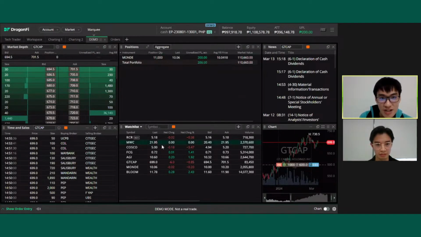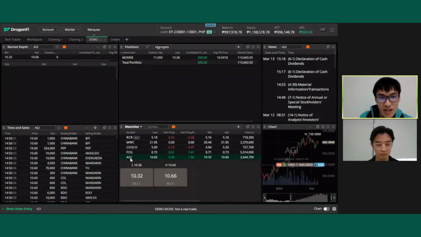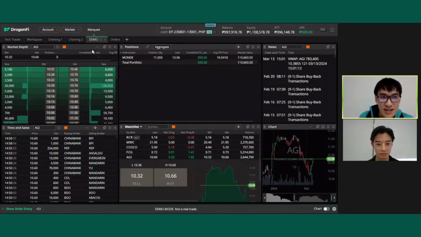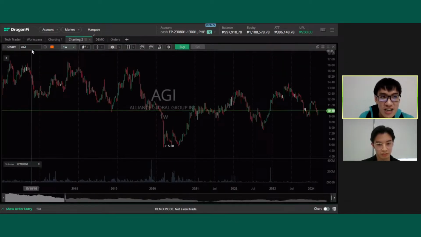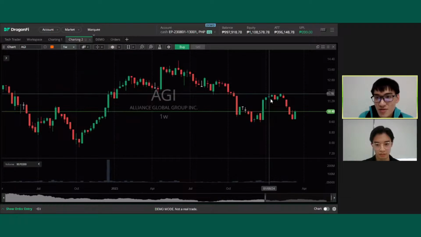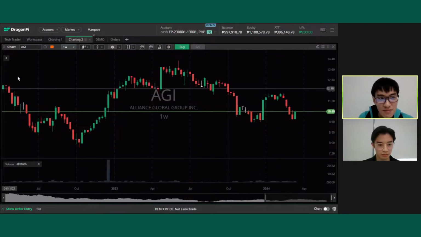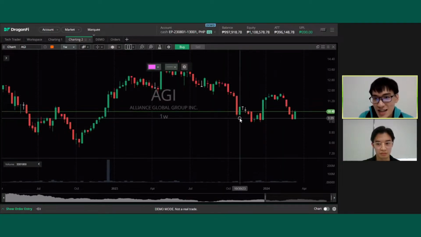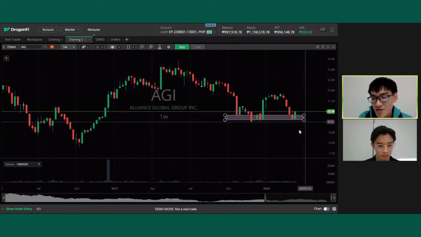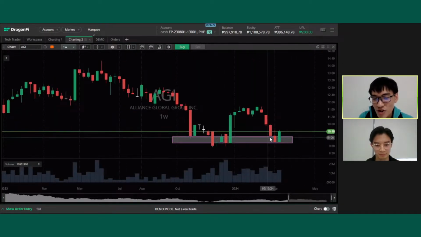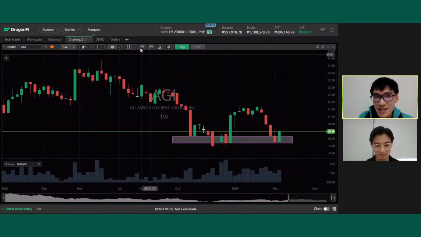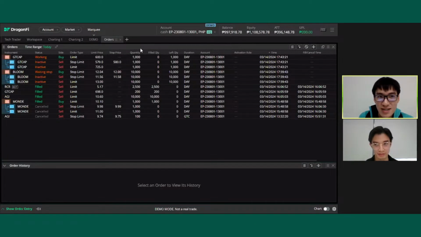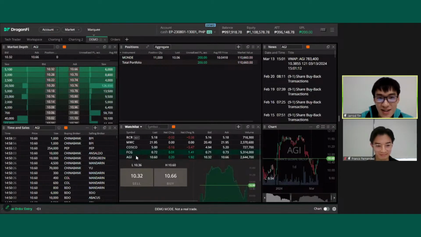Then how about an example of when you want to buy the stock now, let's say. So say AGI. So AGI, let's say you think that this is a double bottom, for example. So it looks like it's at support, you want to buy now. What you will do is go here, AGI, right? Click buy now.